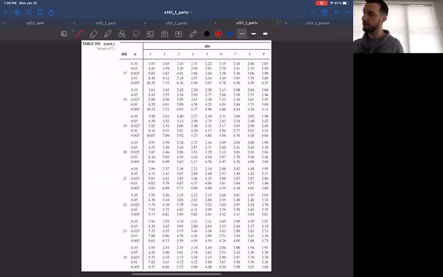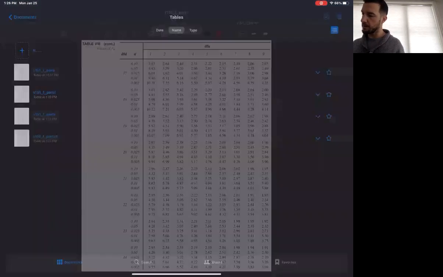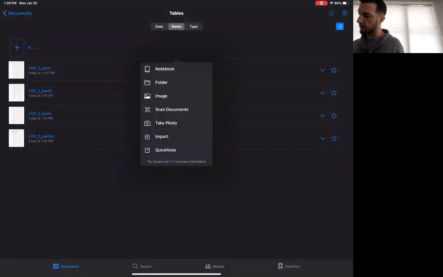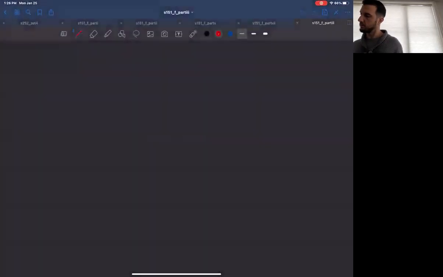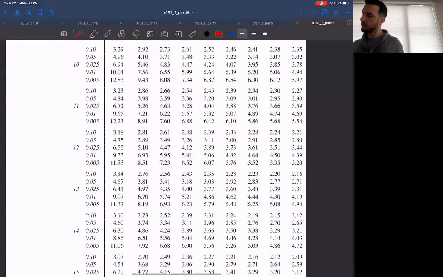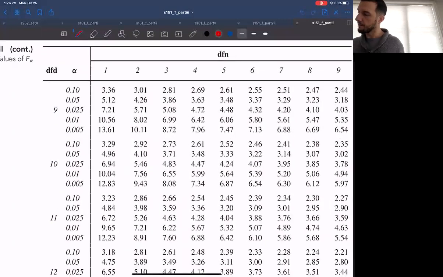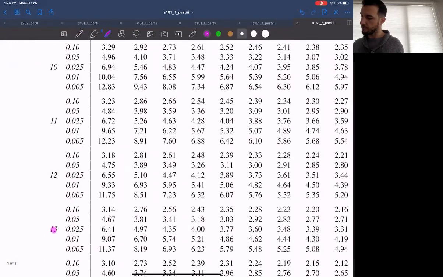This is going to be a page I haven't loaded yet, page 3 of our F tables. We have 4 in the numerator and 13 in the denominator.